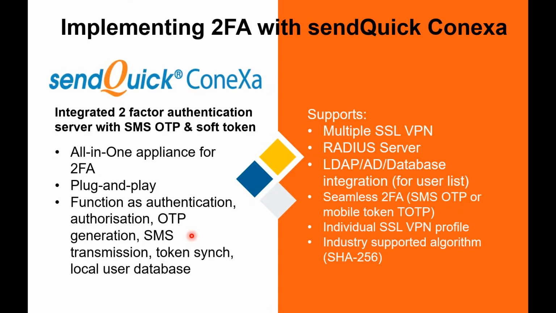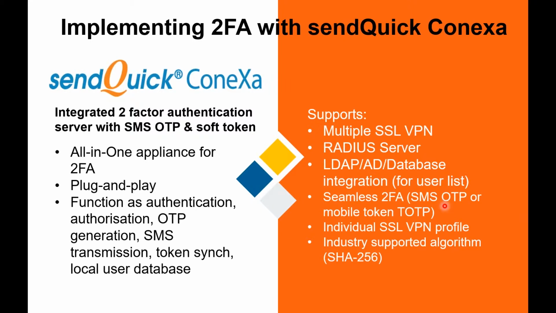Connexa is very suitable because it supports multiple SSL VPNs. It has a built-in RADIUS server in the system. It can perform authentication through LDAP, Active Directory, database users, and so on. Very importantly, it supports one-time password through SMS text to your mobile phone, or using a freely available mobile token for all users.